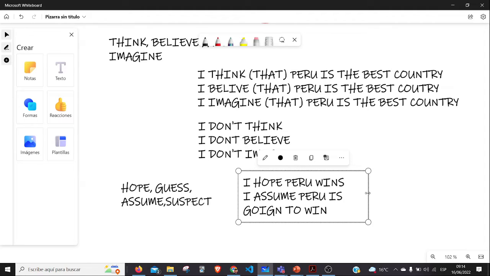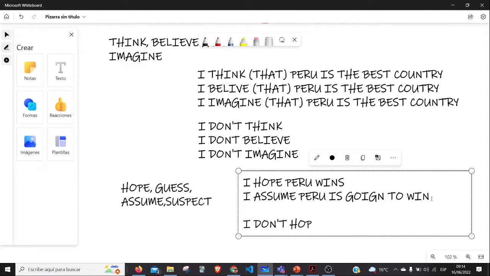Ahora, en negativo, no vayas a poner I don't hope. No espero que Perú gane. I don't hope Peru. No. You say I hope not. No, you say I hope Peru won't win. ¿Ok? Negativo. Okay. La segunda parte. O puedes decir I don't assume. No puedes decir I don't assume. Dices I assume Peru is not going to win. ¿Se entiende?